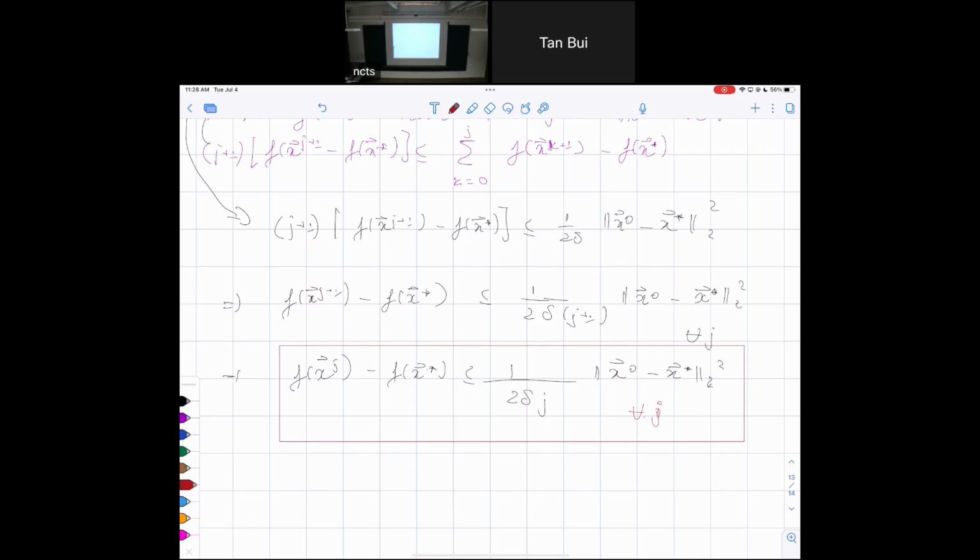Therefore the convergence rate of gradient descent is linear. Any questions so far? So those are the two remarks that we have for our result.